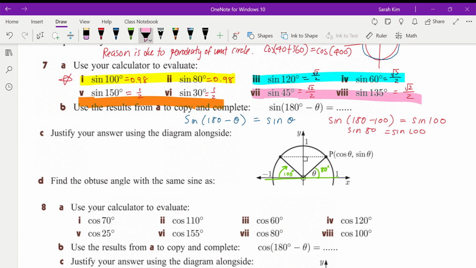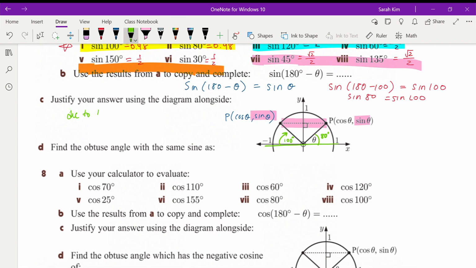And looking at the actual location of the sines, these are my y coordinates, right? These y coordinates are going to be exactly the same because look at the height. They're at the same height. So that's telling us why this identity works. So you just got to write that in words.